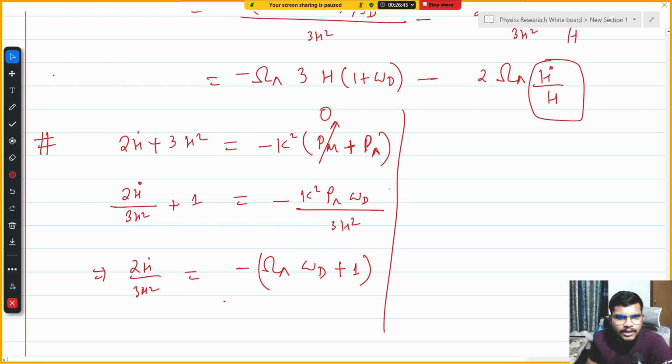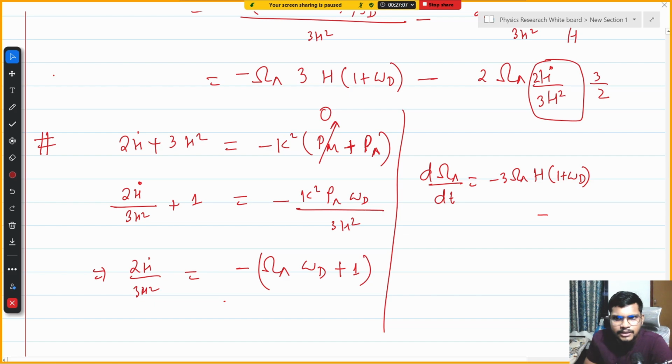So I will again rewrite my whole equation as d omega lambda over dt is equal to minus 3 omega lambda h, 1 plus omega d minus 2 h dot. I can just multiply by 3 and 3 over 2.